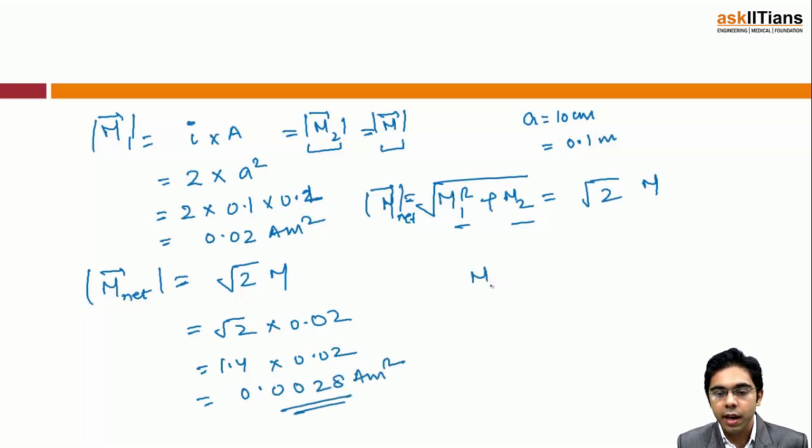And this is the required answer, M net, 0.028 ampere meter square.